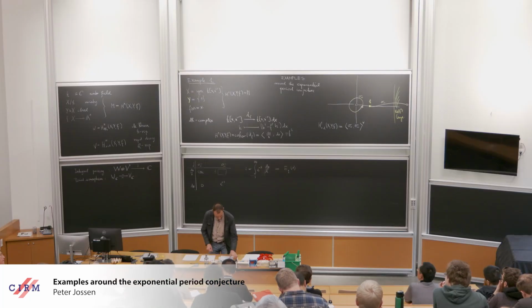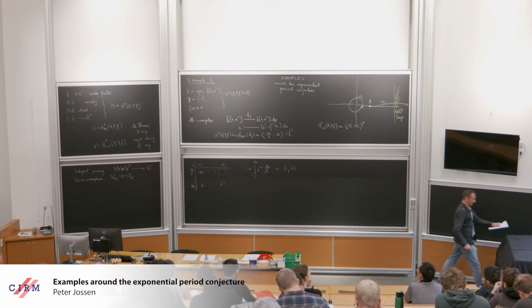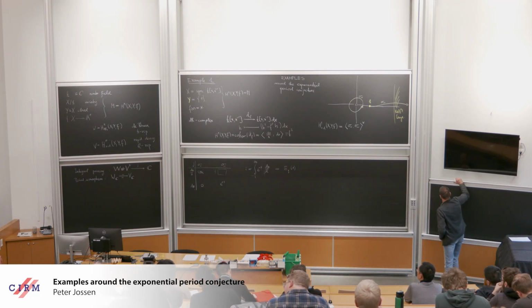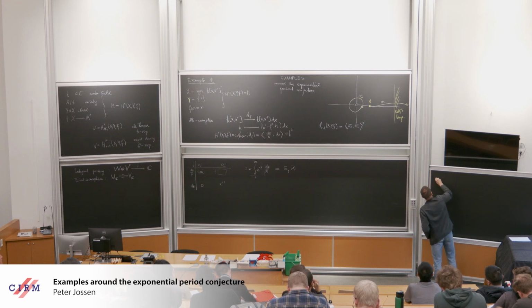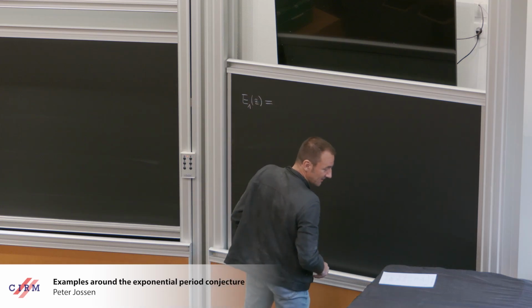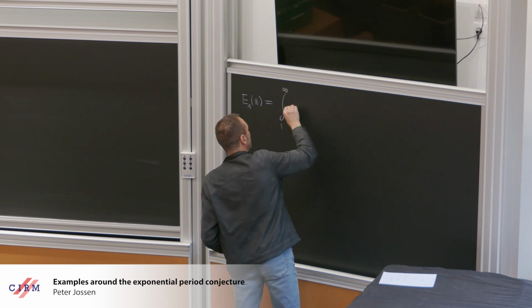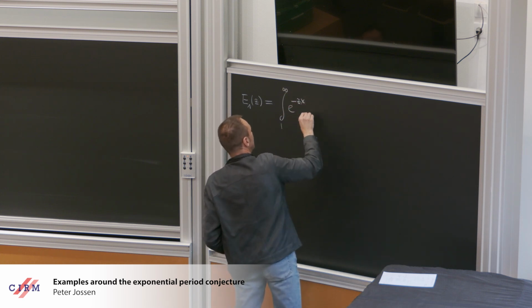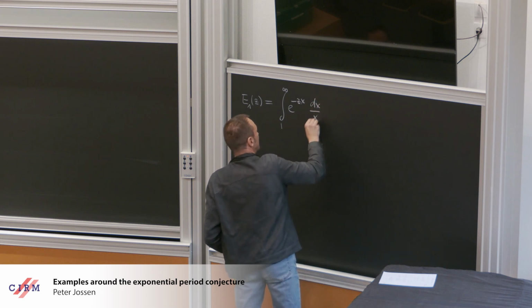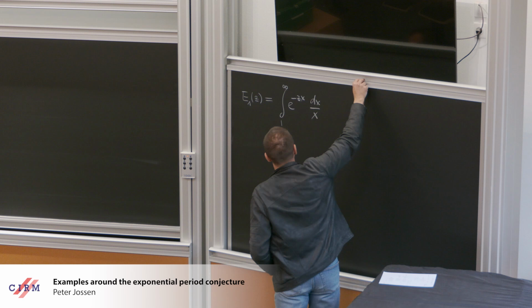So let's see what the properties of this exponential integral function are. It's a classical thing, of course. E1 of z is the integral from 1 to infinity of e to the minus zx dx over x. That's one way of writing it.